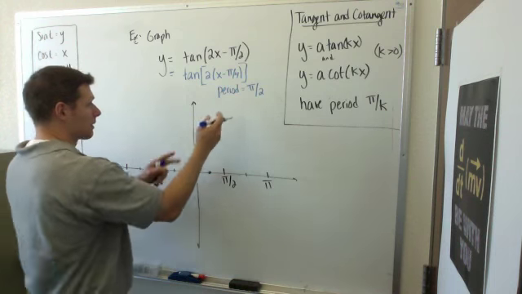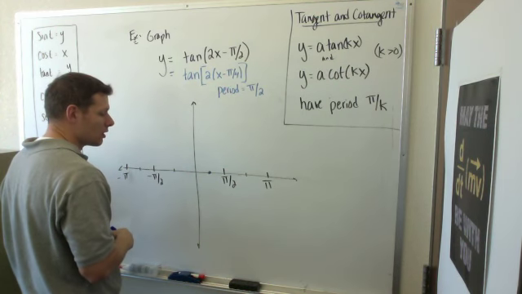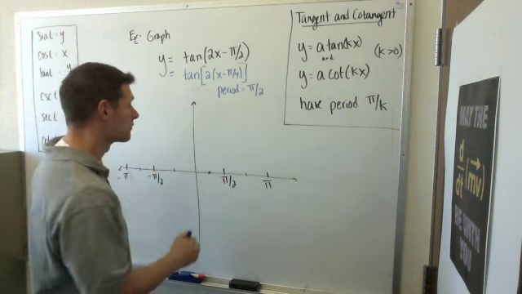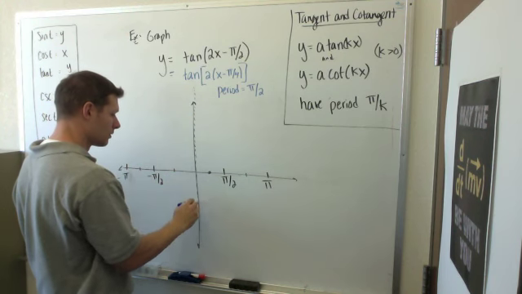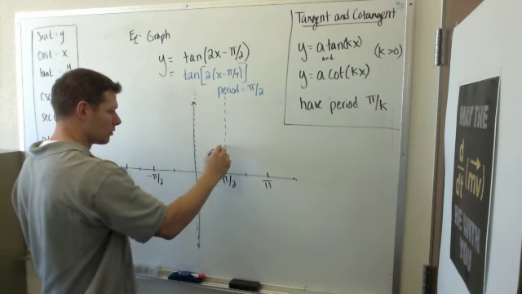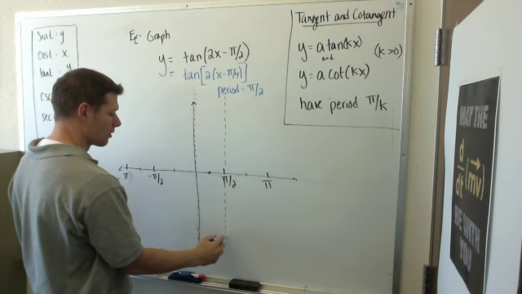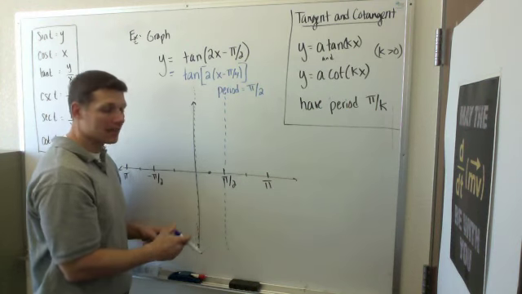And now our period is a full distance of pi over 2. So I'm going to have 0 and pi over 2 be my asymptotes that I need to approach.